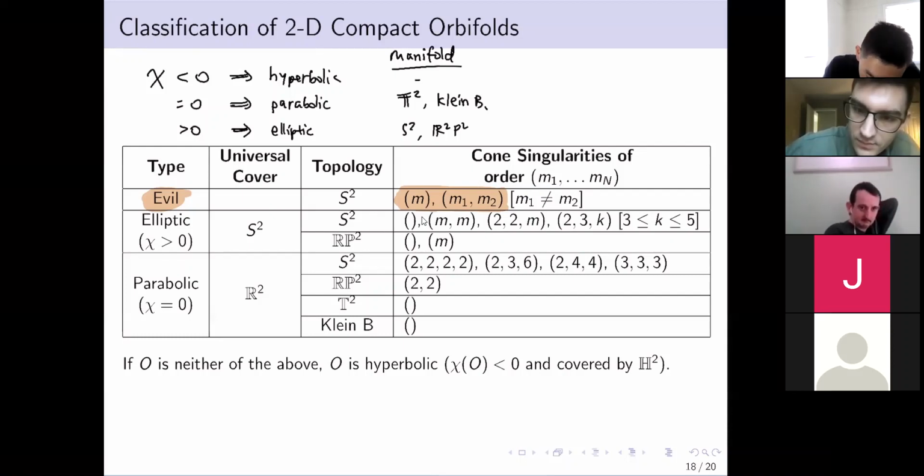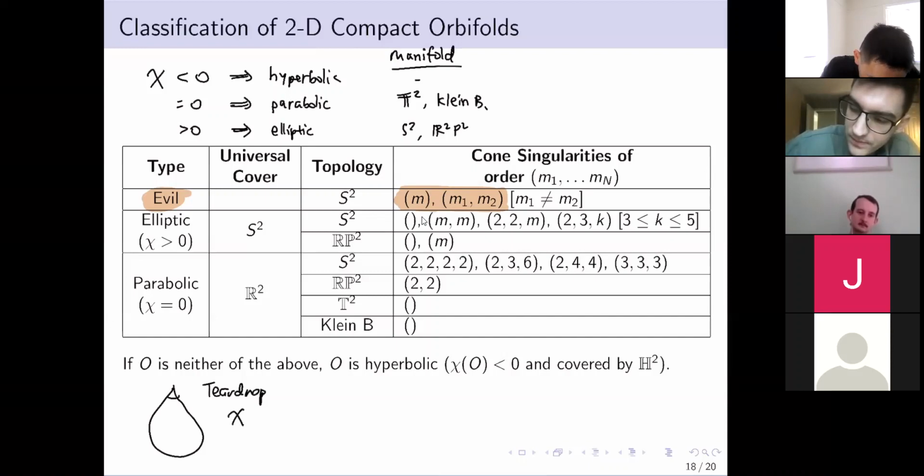The first one I can clarify is the one where there's only 1 cone point. We look at the sphere with 1 cone point, something like that. This is what I call the teardrop. If you compute the Euler characteristic of O, it's just going to be 1 plus 1 over m.